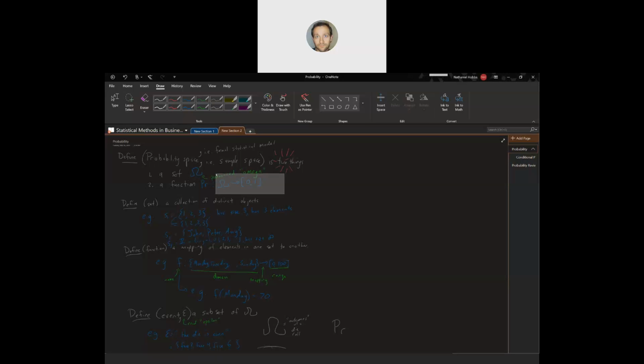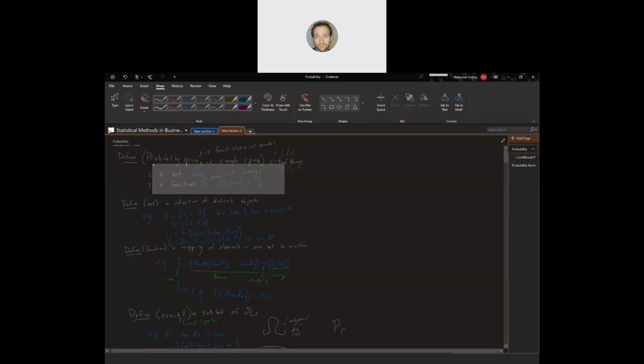And the sum of all of these needs to equal 1. So if you flip a coin, you can have a 0.5 chance for heads, 0.5 chance for tails. You cannot have a 0.5 chance for heads and a 0.4 chance for tails, because you're missing a 0.1 chance of something happening. So that would be an invalid function.